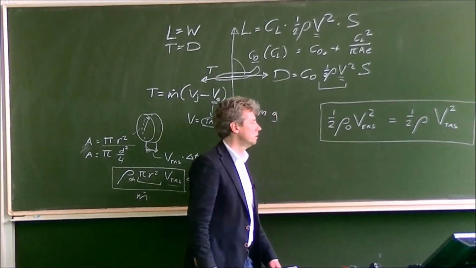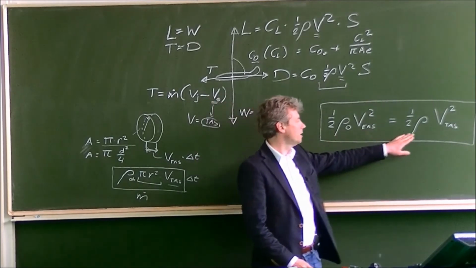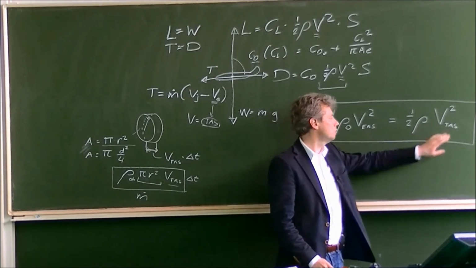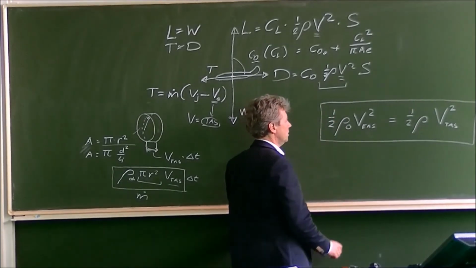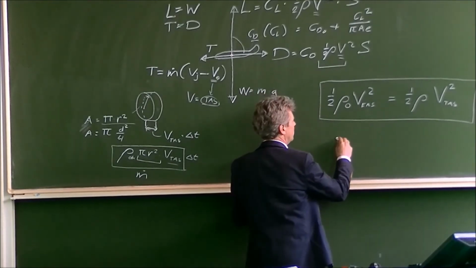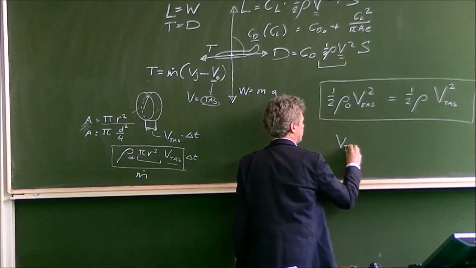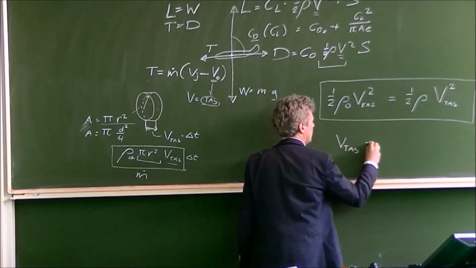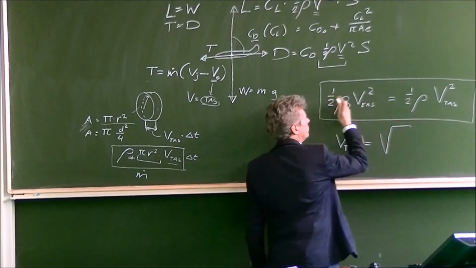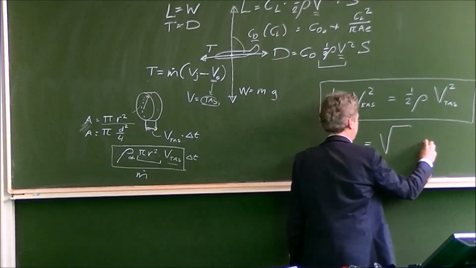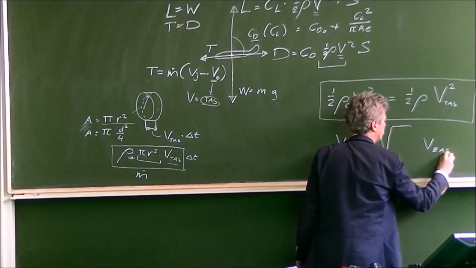The dynamic pressure is always given by half rho 0 times the equivalent airspeed squared, and it's the same as half rho times the true airspeed squared. And this also shows how you can calculate one into the other. For instance, if we have the equivalent airspeed and we want to know the true airspeed, then by taking the square root on both sides and getting rid of the half, we find the relation between the equivalent airspeed and the true airspeed.